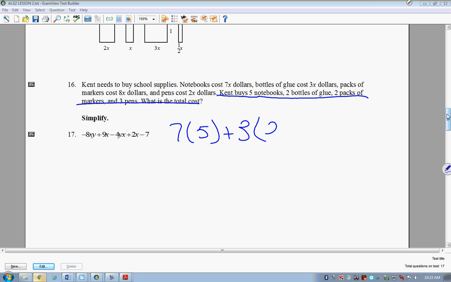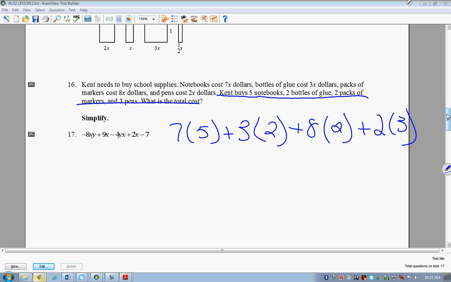Okay, so 3 times 2. All right. Packs of markers are 8 per. Okay, and we're buying how many packs of markers? 2. Okay, and pens cost $2 per pen. How many pens is she buying? So we got 2 times 3.